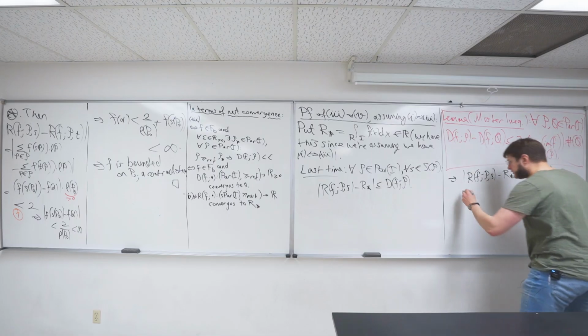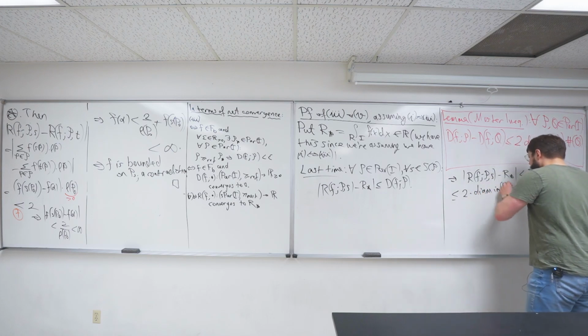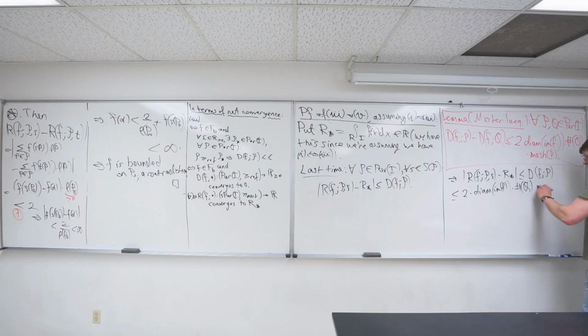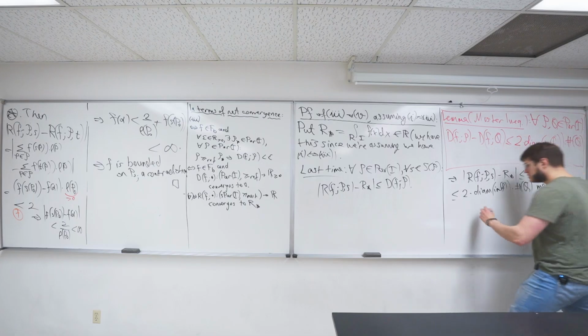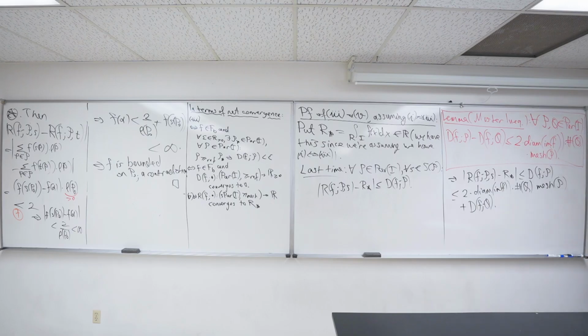This is upper bounded by 2 times the diameter of the image of f times the number of pixels in Q, times the mesh of P, plus the Darboux aperture of Q. For any P and S and for any Q, I have this.